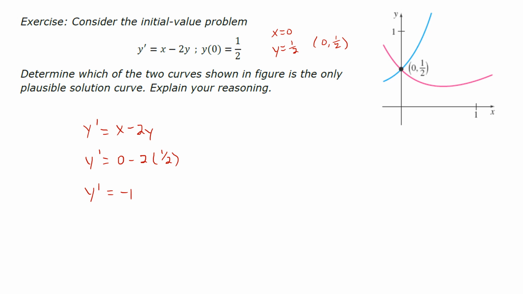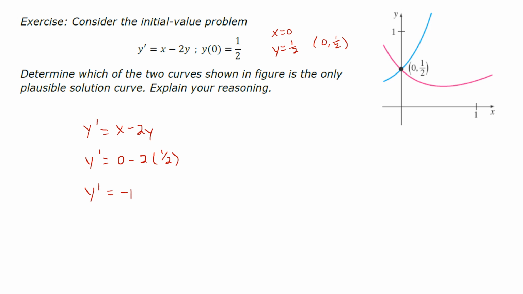We know that both of these 2 lines, the blue and the red, both pass through the point 0, 1/2. We see that. Okay. But we also know that the solution curve must have a negative slope when x equals 0.